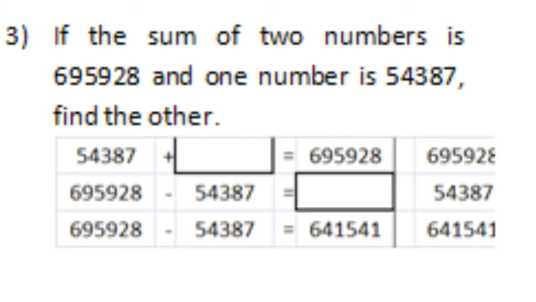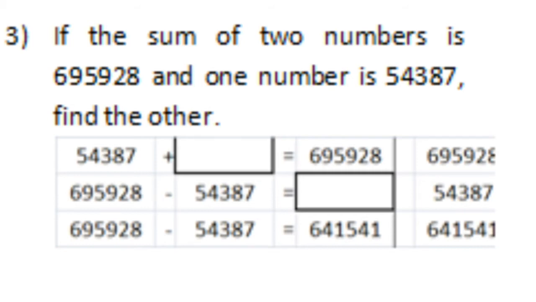If the sum of two numbers is 6,95,928 and one number is 54,387.